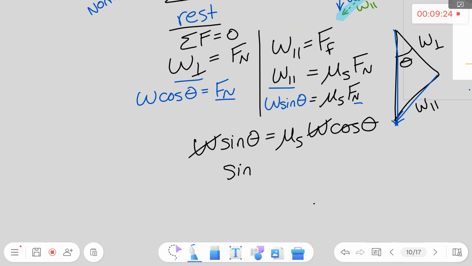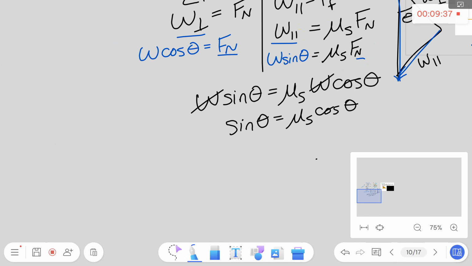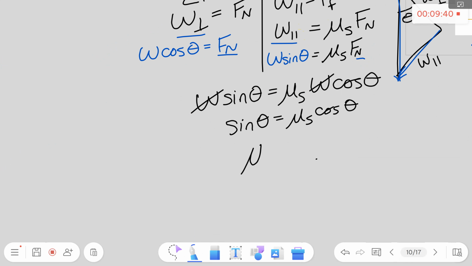So then I get sine theta equals mu s cosine theta. Can I get coefficient of static friction by itself? Sure. We divide both sides by cosine. So I get mu s equals sine theta over cosine theta. Which is what, Troop? Sine over cosine? Tangent.